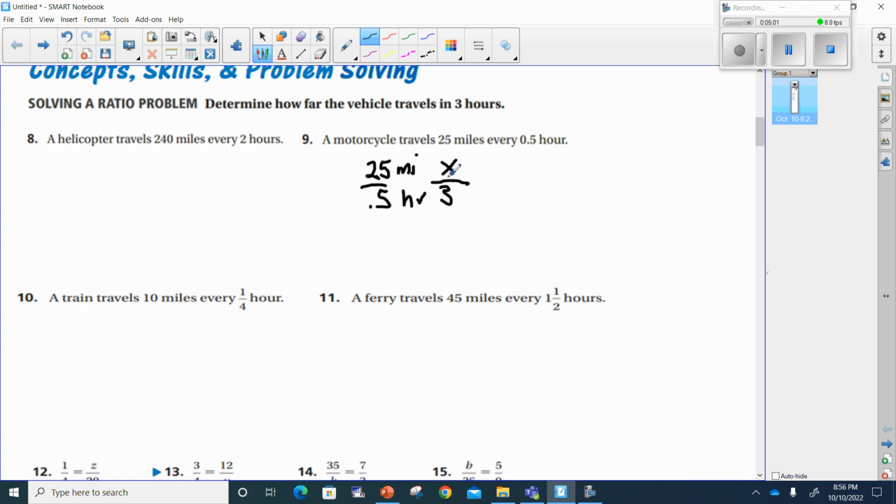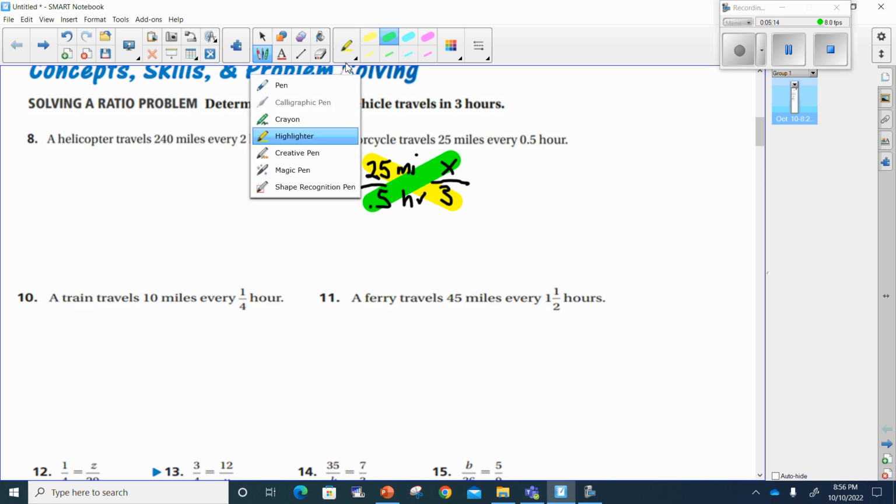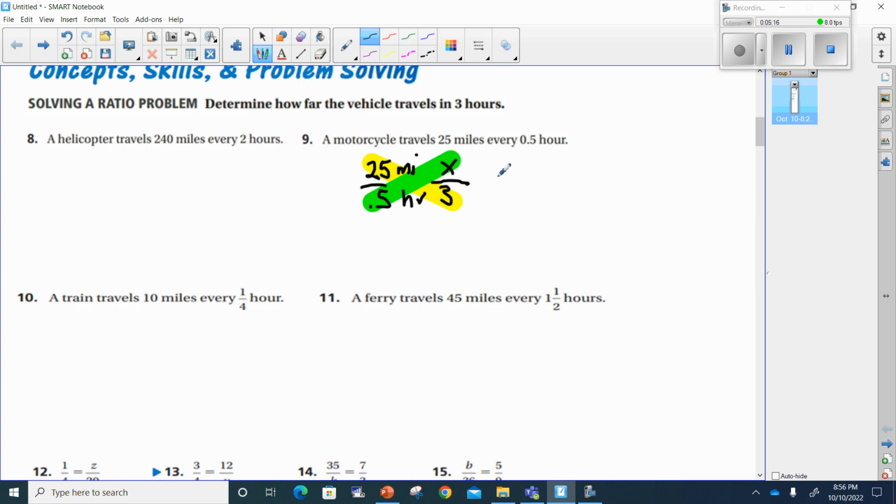So we're going to cross multiply here. This is going to give us 25 times 3 has to equal 0.5 times x. So 25 times 3, we all know that's 75. That has to equal 0.5x.